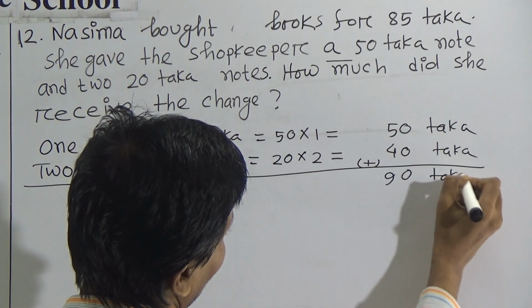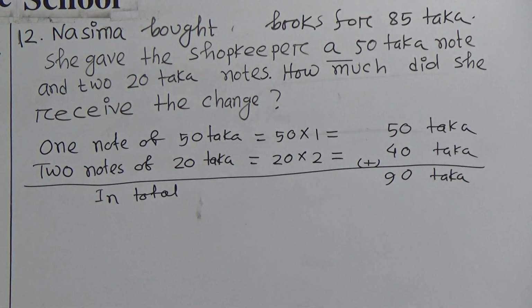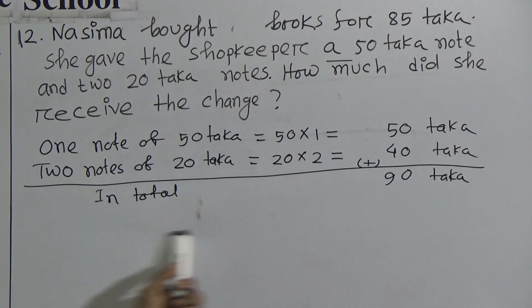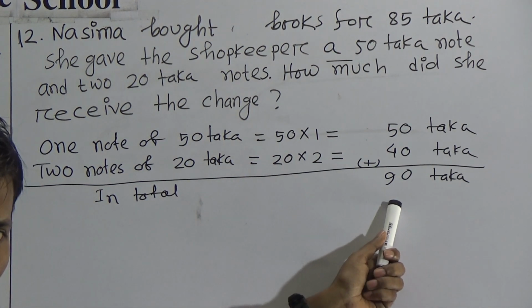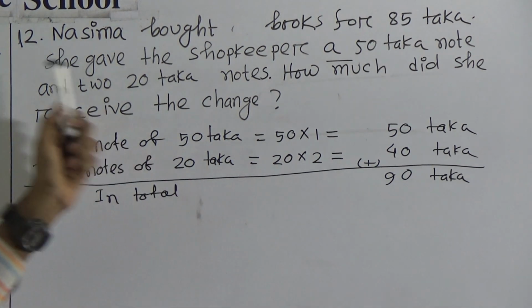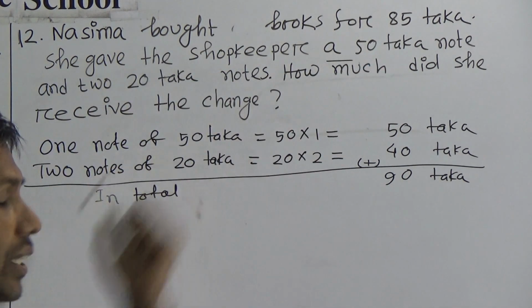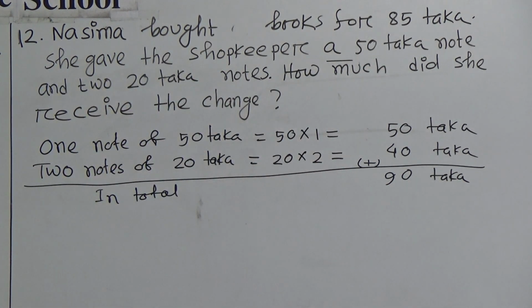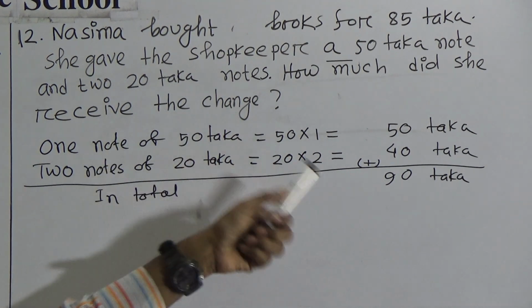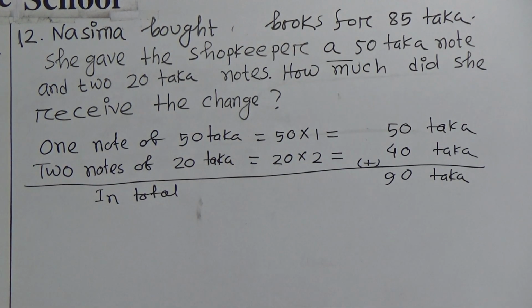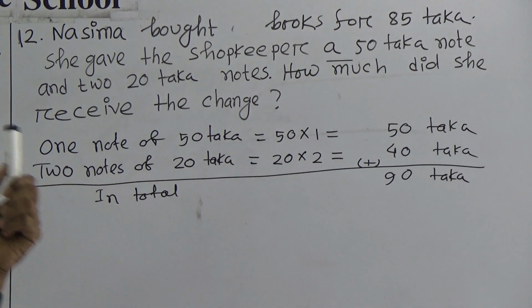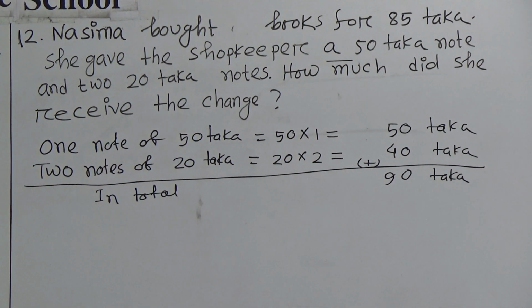That means 90 taka. Nasima gave the shopkeeper a total of 90 taka. And the price of the books is 85 taka. Question: how much taka did she get back?